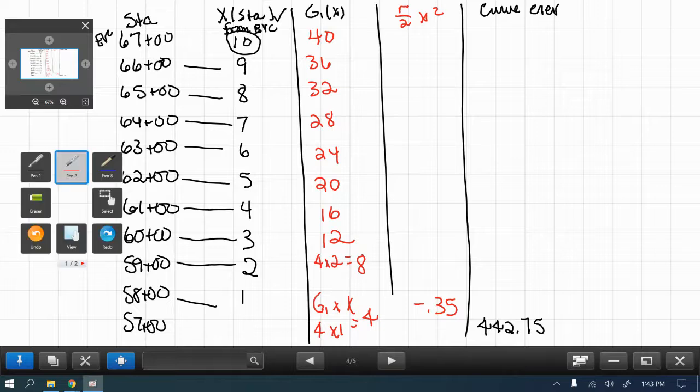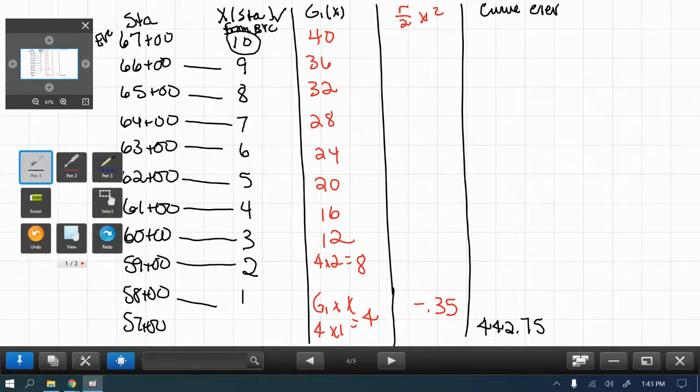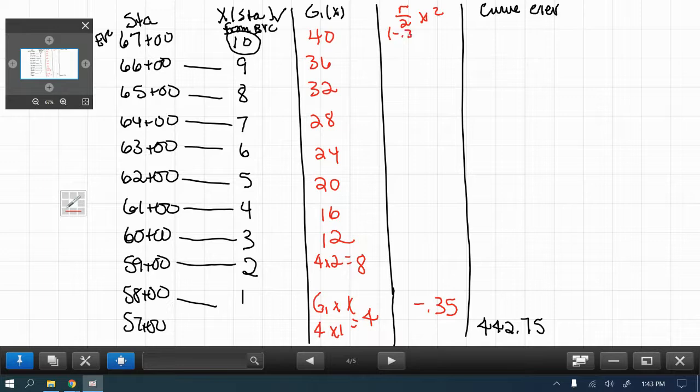So I like how it does that, but I'm going to go ahead and put that number right here at the top, a negative 0.35. And then I just have to do my X squared. So the next one would be 2 squared times a negative 0.35. So that gives me a negative 1.4.